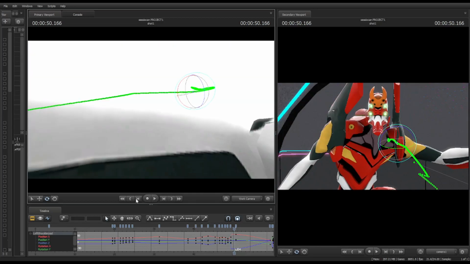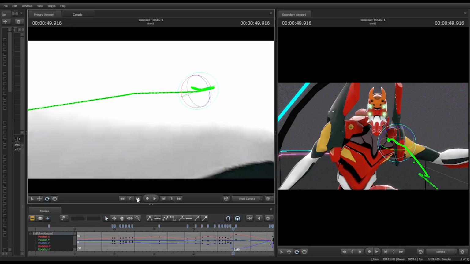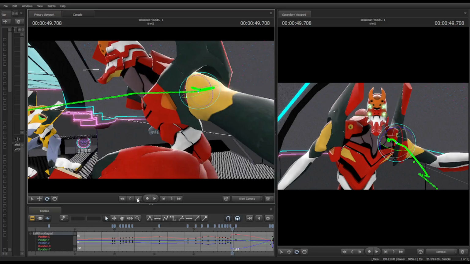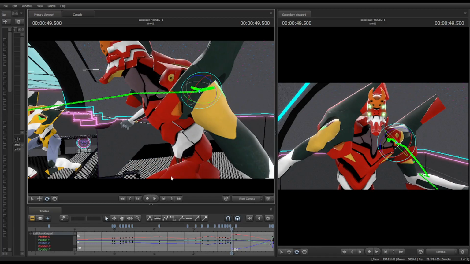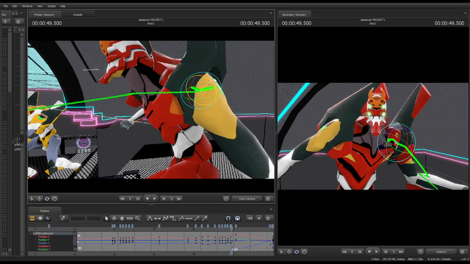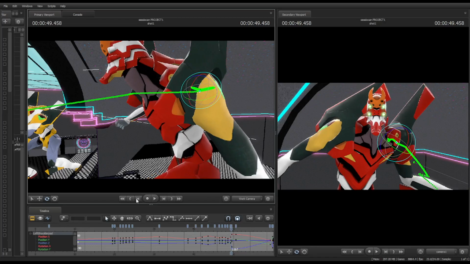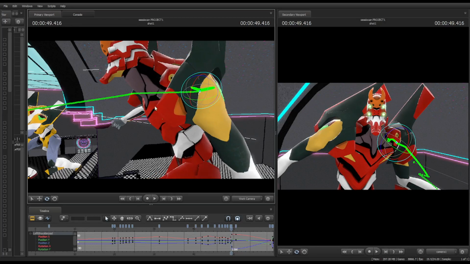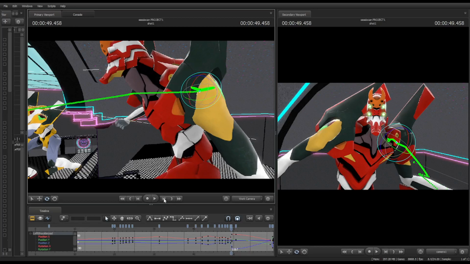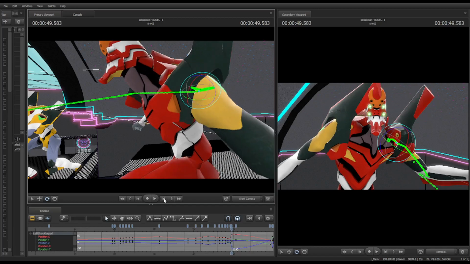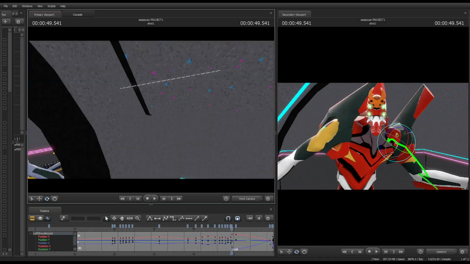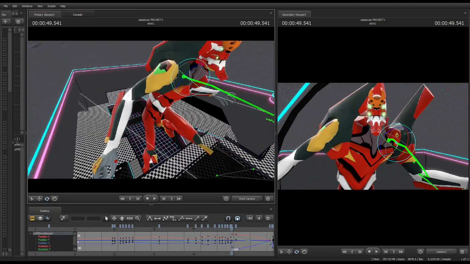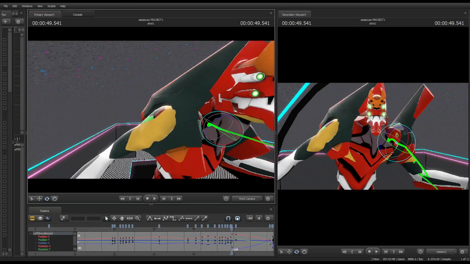Okay, go back a handful of frames. Alright, there. Now this shoulder pad is clipping, so we need to adjust this one.